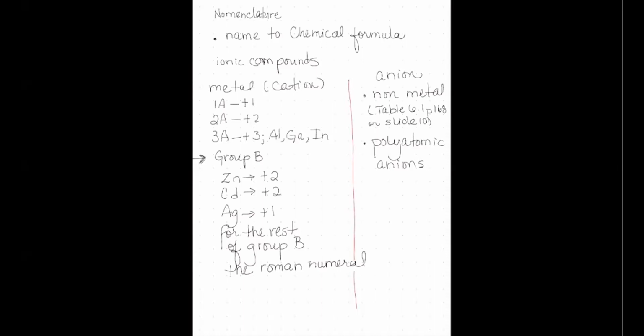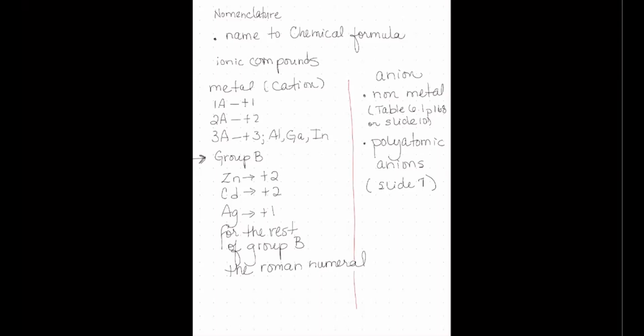And then the polyatomic anions is going to be slide 7. There's a table that comes from the textbook, and there's a table that is actually part of the reference list for exams, okay? So at least those are the two components in terms of ionic compounds.